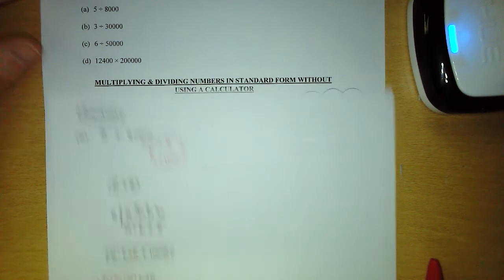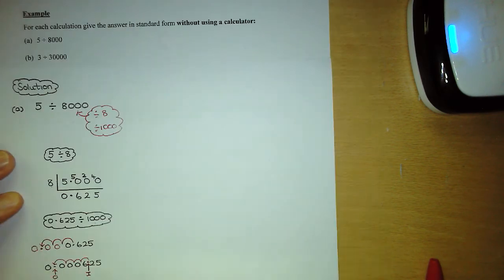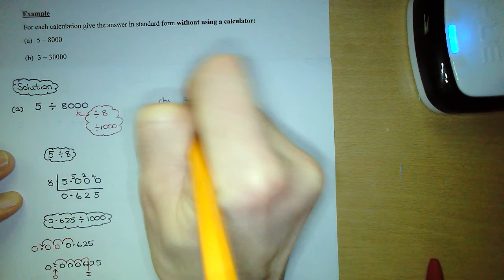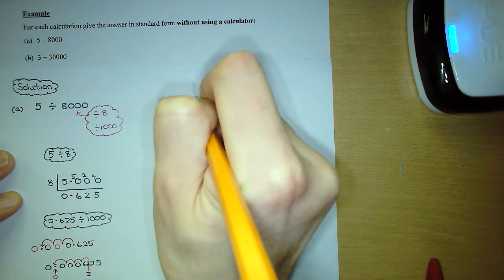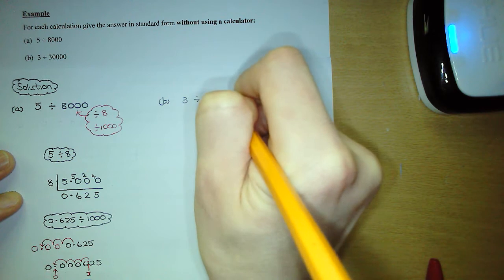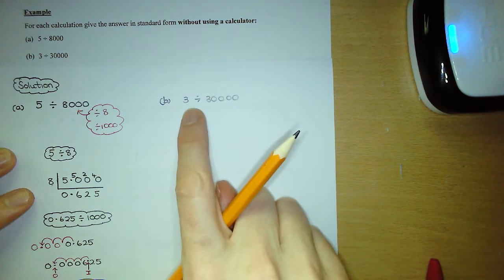Let's look at part B. So part B, we want to do 3 divided by 30,000. Okay, so same idea as before.